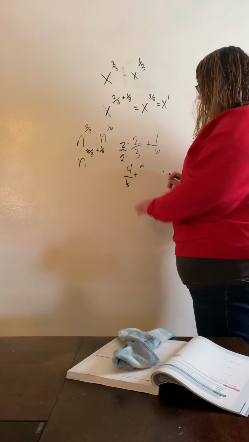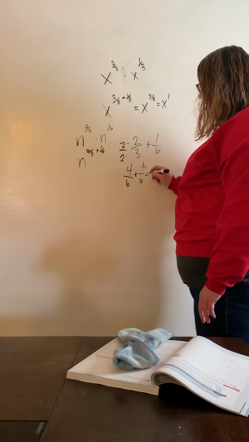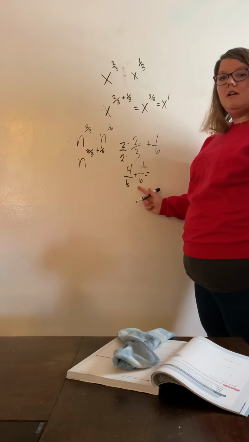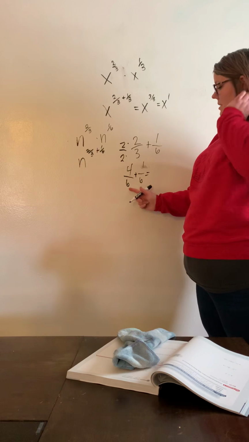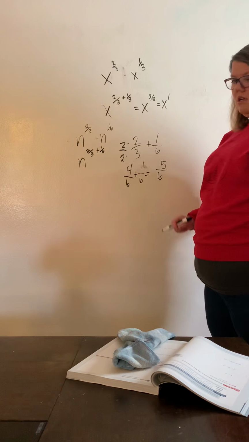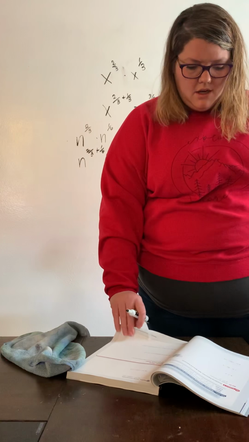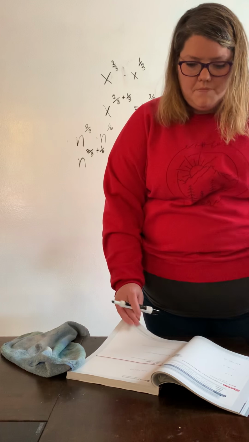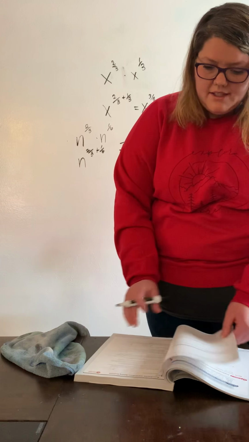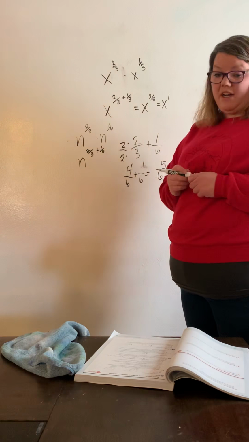This one is now 1/6. Since they have the same denominator, we can just add across the top, 5/6. So you'll see example problems on that when you get to page 602. So we're still just adding the exponents, but there's a little extra step when it comes to fractions.